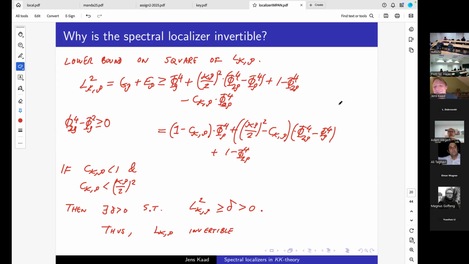So I think it is valuable that this spectral localizer really only depends on a part of the spectrum of the abstract Dirac operator, which is contained in the closed and bounded interval, because often you don't have access to the full spectrum of the abstract Dirac operator. So in that sense, I think it could be very useful.